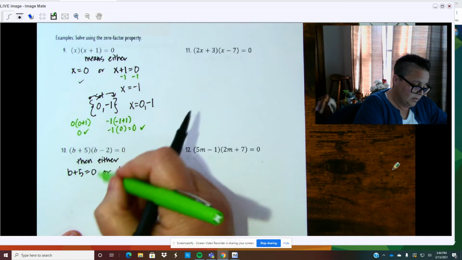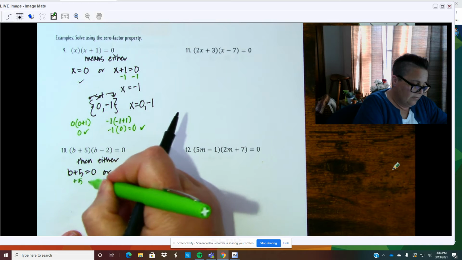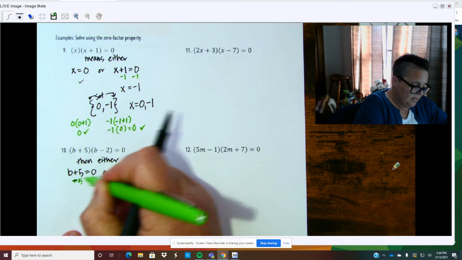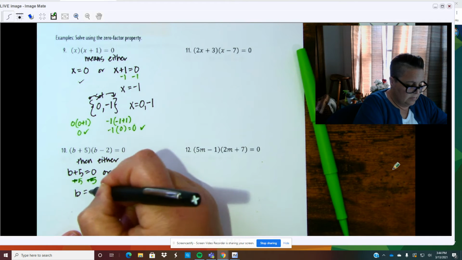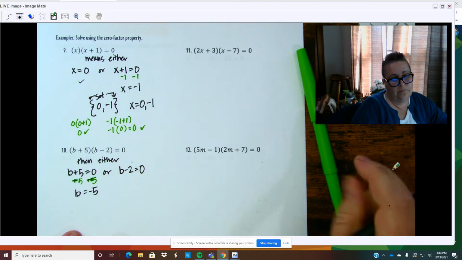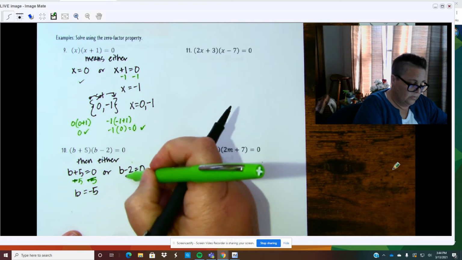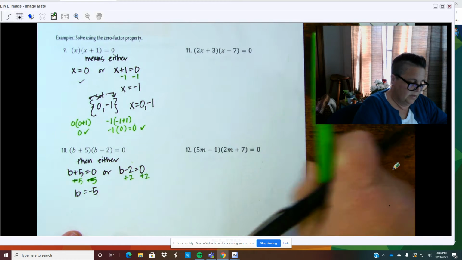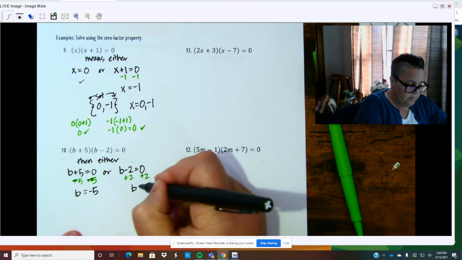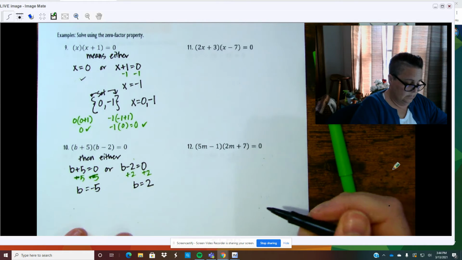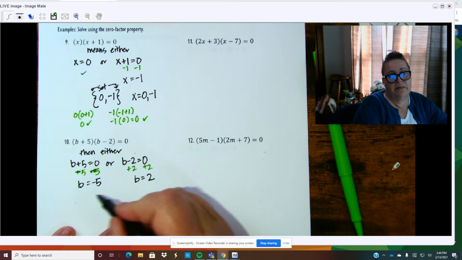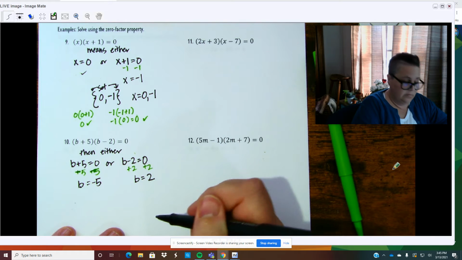If the first part is true, I can subtract 5 from both sides, and we see that b is equal to negative 5. If the second one is true, I would add 2 to both sides, and our value of b to make the equation true would be 2. So b is negative 5 or b is 2.